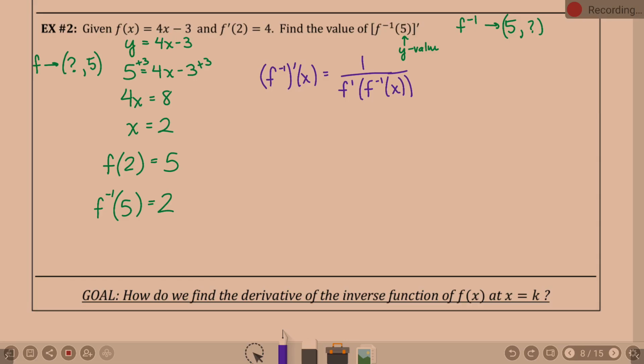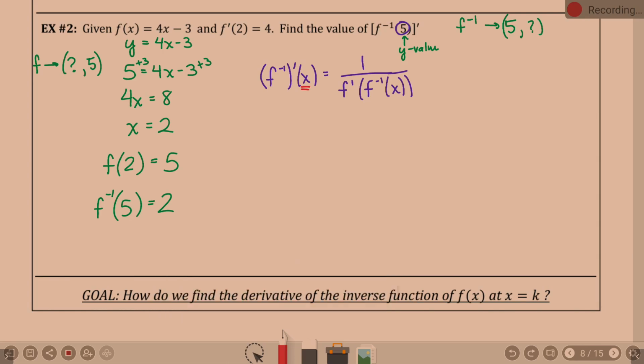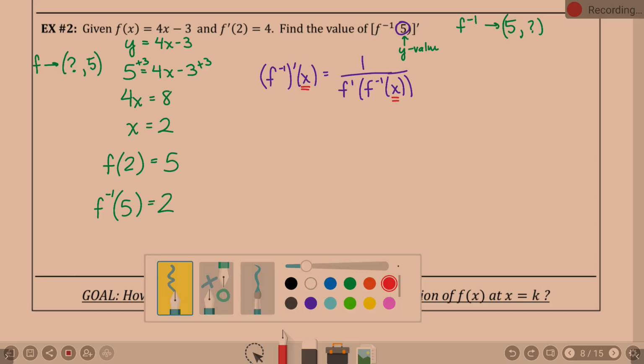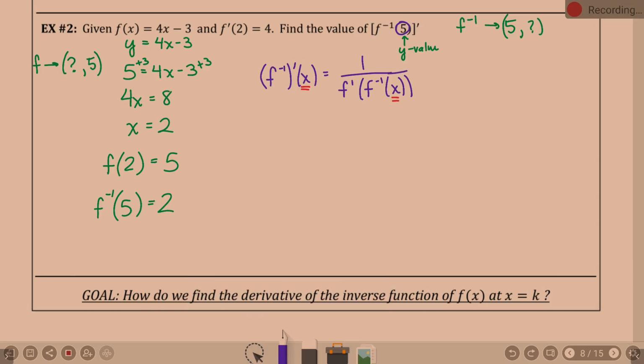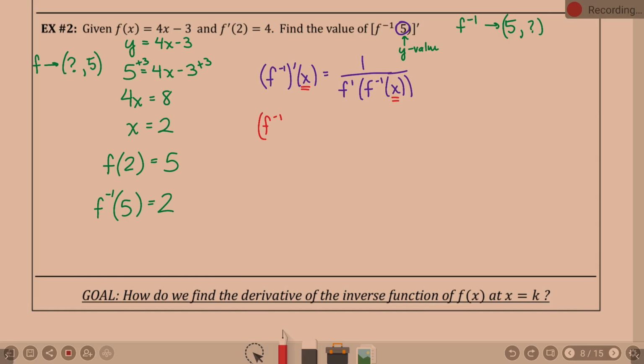The derivative of f inverse of 5, yes? So what can I put in for my x's here? Those x's can become 5, because that's what I'm being asked to find. So the derivative of f inverse of 5, according to my formula, is 1 over f prime of f inverse of 5. All I did was fill 5 into my formula for x there.